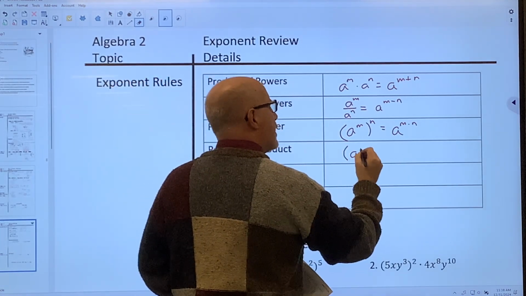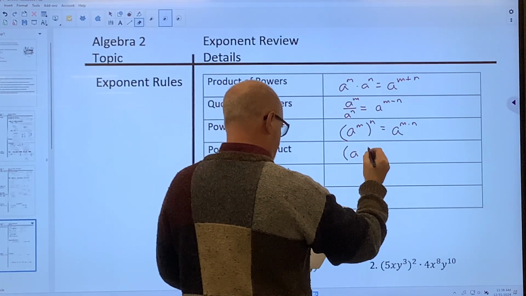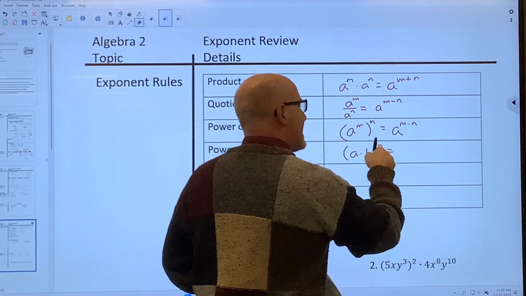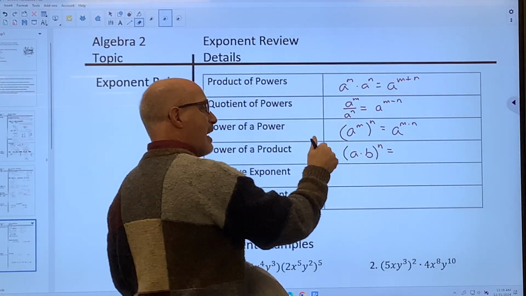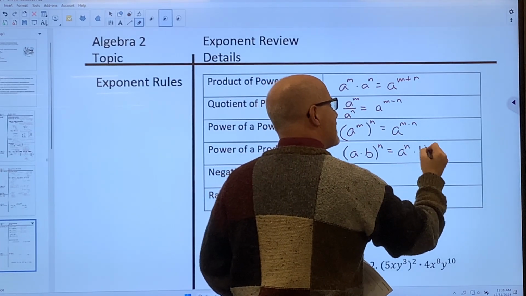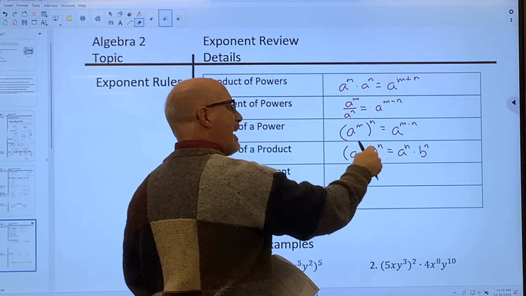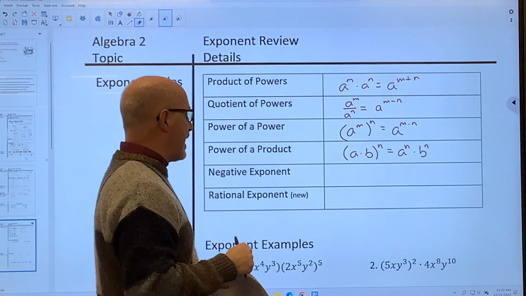This is where you have to remember that if you have two numbers on the inside to an exponent, that exponent has to come into each of the terms on the inside. It's got to come into the a, and it's also got to come into the b. So bring the nth power into the a and the b, each of the individual factors on the inside.